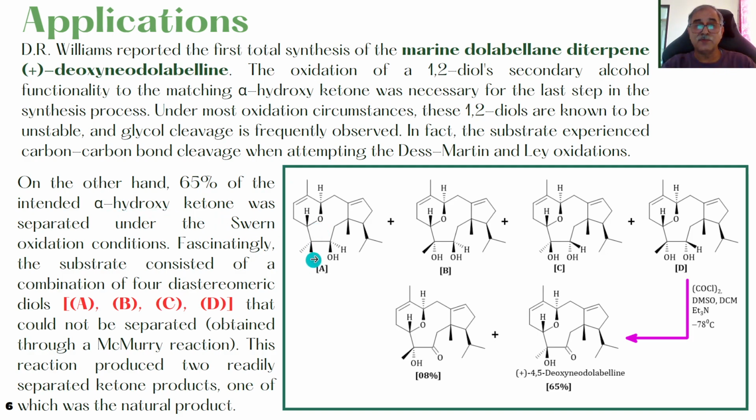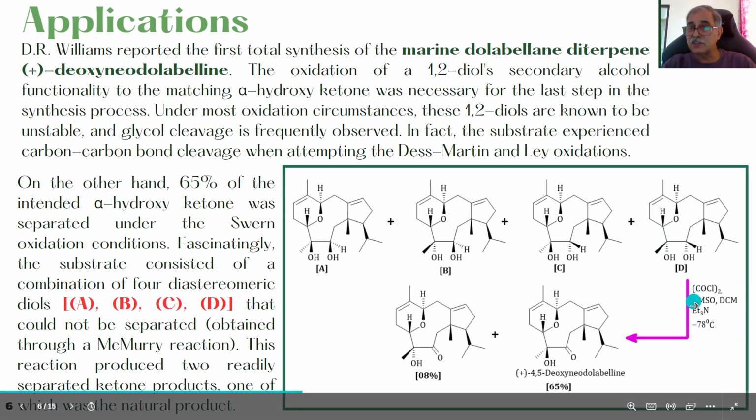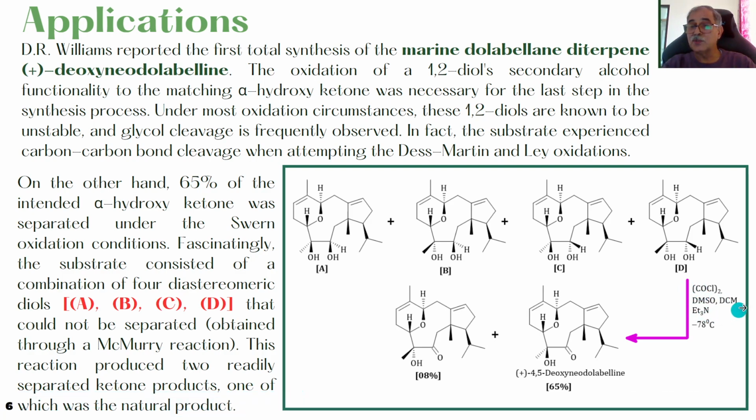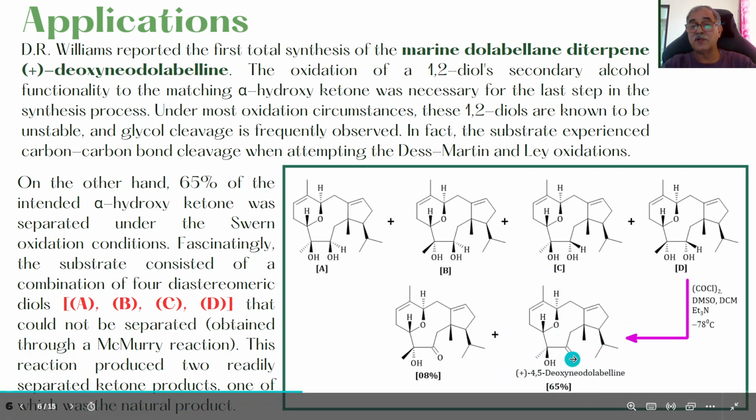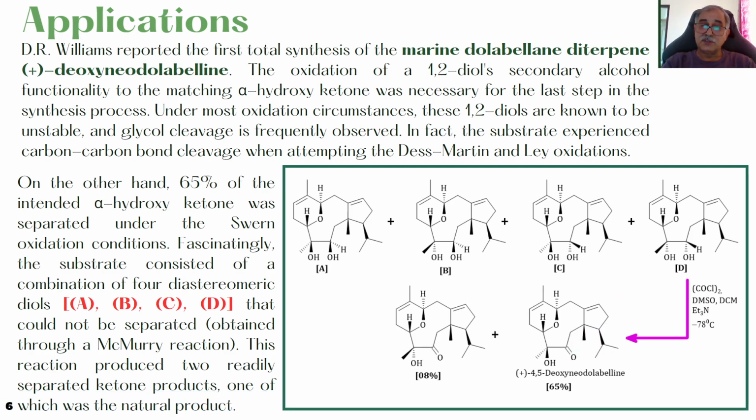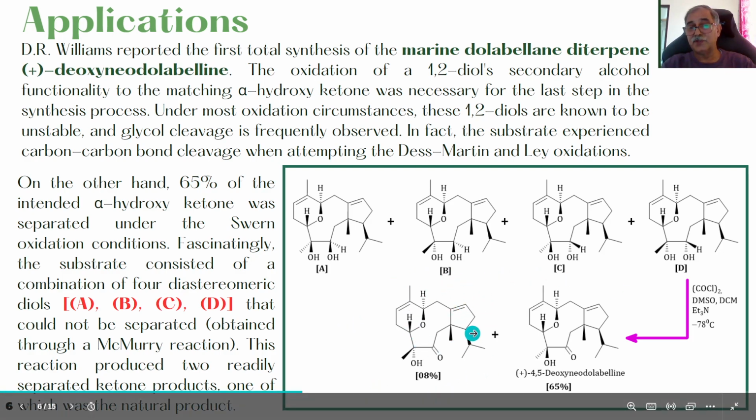So, in the Swern oxidation of these 1,2-dihydroxy derivatives, the substrate consisted of four diastereomeric diols A, B, C, and D. So basically, when this mixture, which is not separable during the synthesis of this diterpene, was treated with oxalyl chloride in DMSO using dichloromethane as solvent and triethylamine as the tertiary amine at a low temperature of the order of minus 78 degrees centigrade, it was found that 65% of the alpha hydroxyketone, that is deoxyneodolabelline, was formed with 8% of the other isomer.